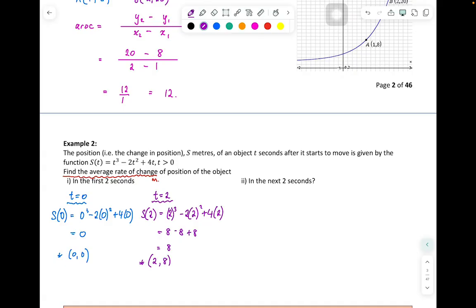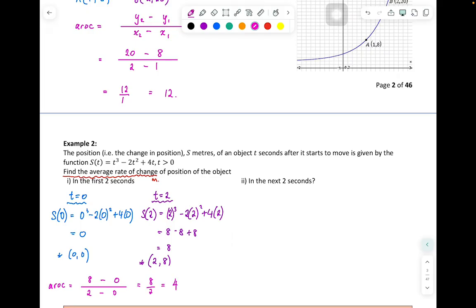Okay, now that we've got our 2 coordinates, or the 2 timestamps, or when the position of s is at t equals 0 and t equals 2, we can find our average rate of change. Set up the infrastructure first. y2 is 8, y1 is 0, x2 is 2, x1 is 0.